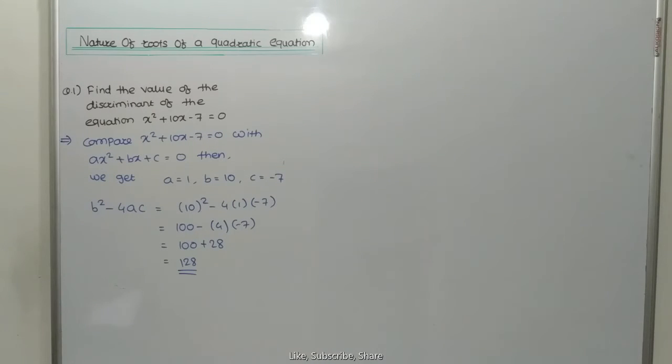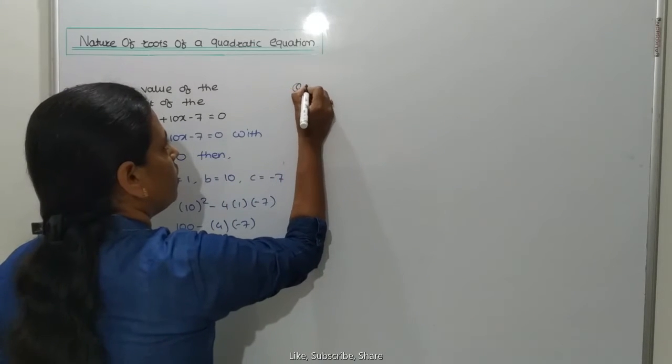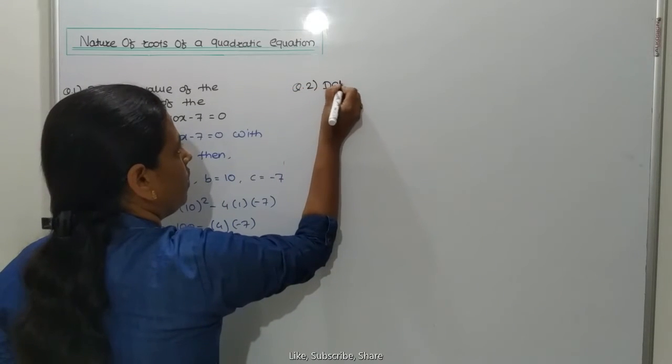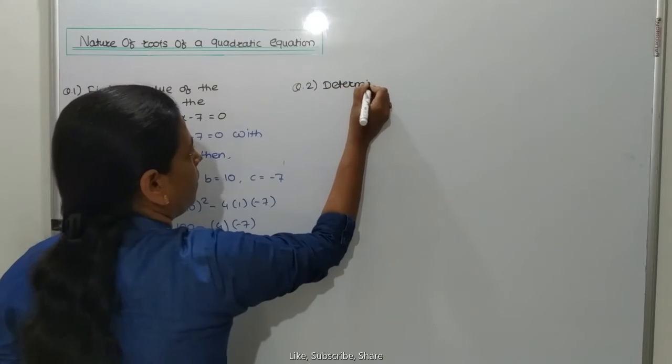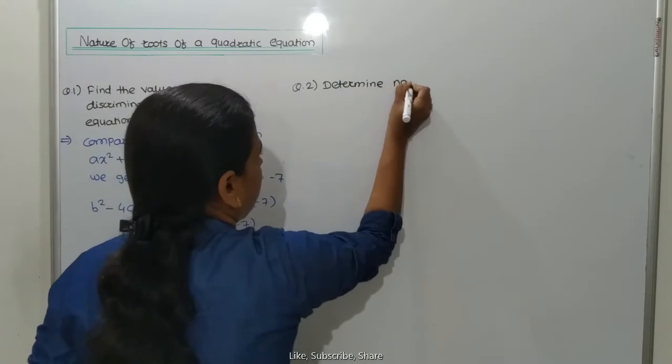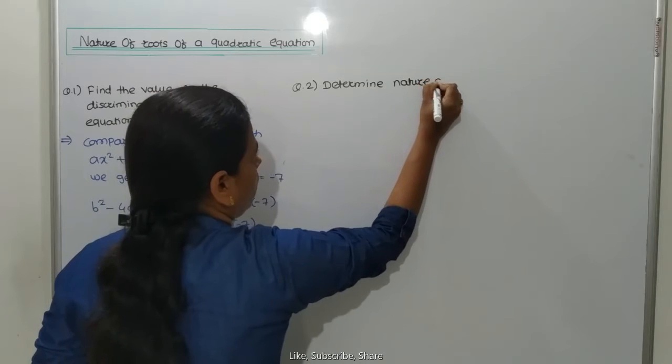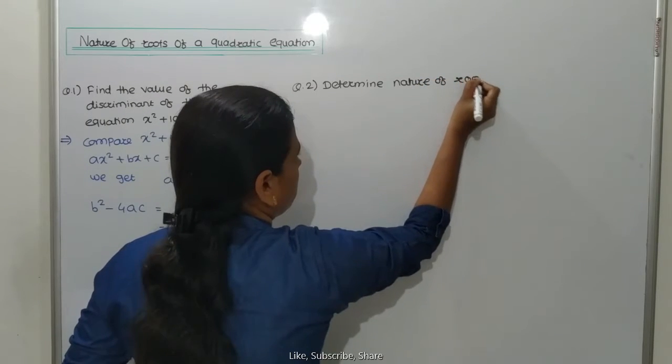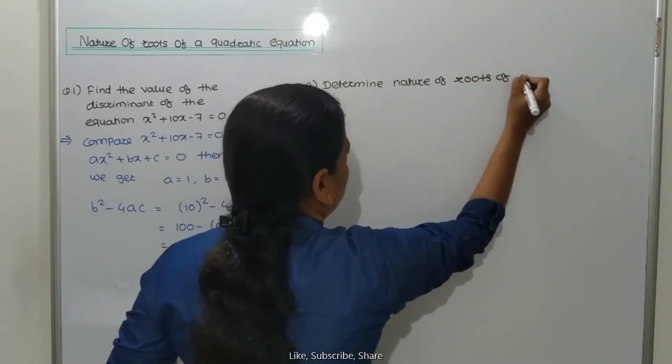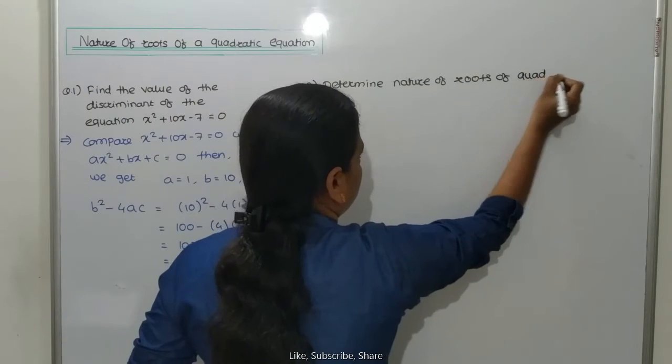So this is your final answer. Clear? Now next we solve some examples based on finding the nature of the roots of a quadratic equation. Next question: determine the nature of roots of the quadratic equation.